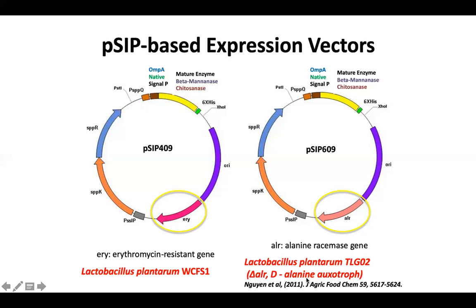It means it cannot produce D-alanine because they got rid of the alanine racemase gene. So if you grow it in normal media without adding D-alanine, the bacteria will die, unless the bacteria has this vector. So there's no antibiotic selection, just normal media. All right.